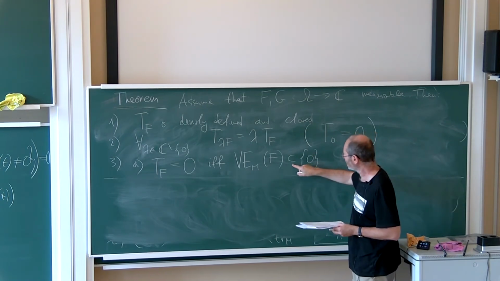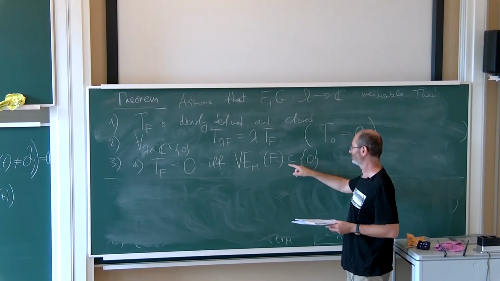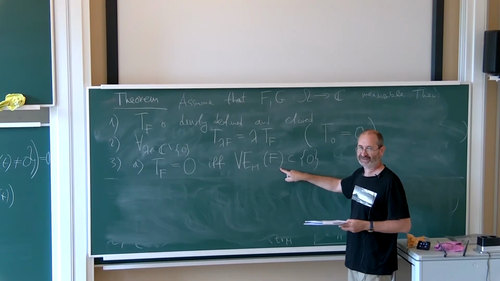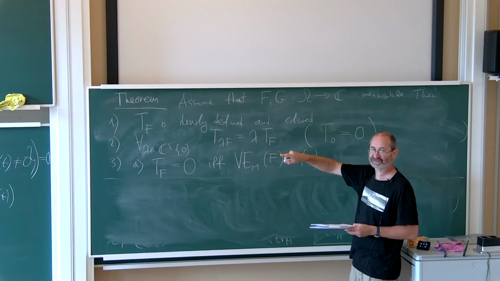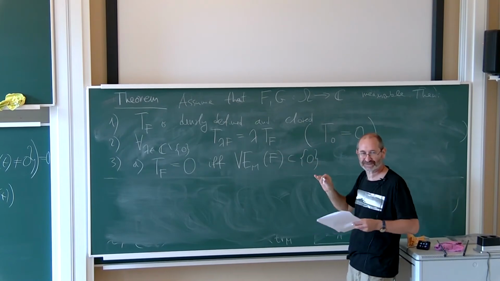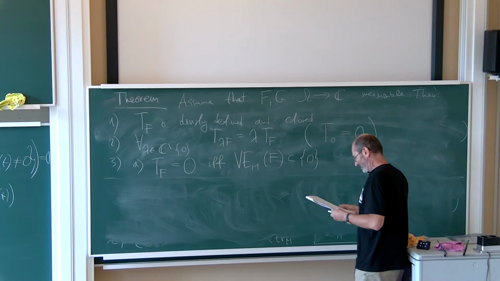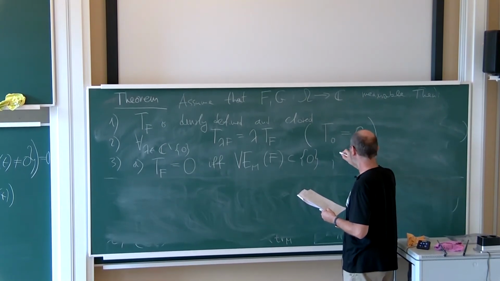Of course, there are two possibilities. It can be empty, but it is empty only when the space L2 is the zero space. So this is a quite trivial situation, but it can happen.